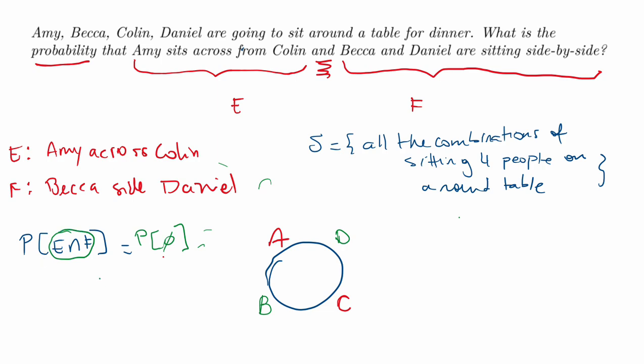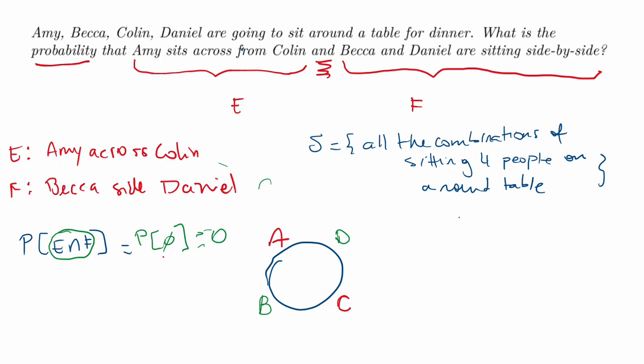There's no intersection between these two events, and this is 0. This is a disjoint, or mutually exclusive, event. An example of a mutually exclusive event. Okay? And what would be a possible sample space of this?